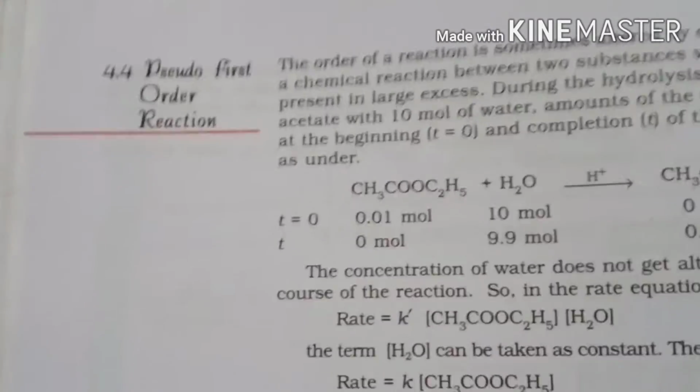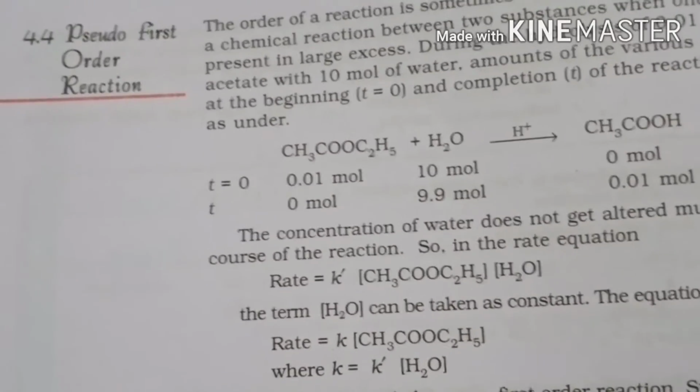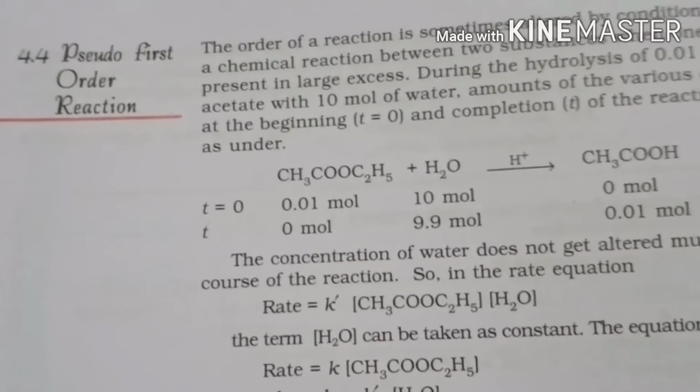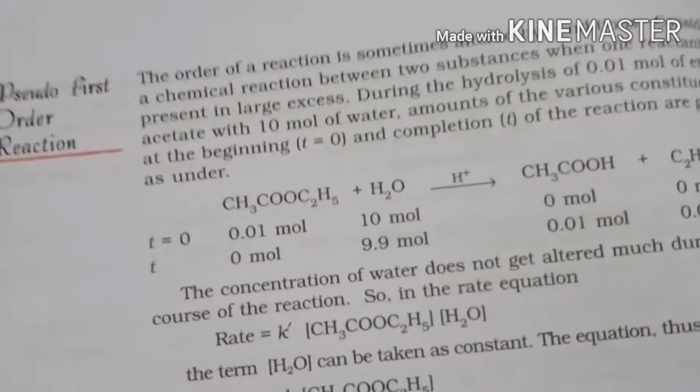That is, ethyl acetate plus water gives CH3COOH and C2H5OH, in acidic conditions.